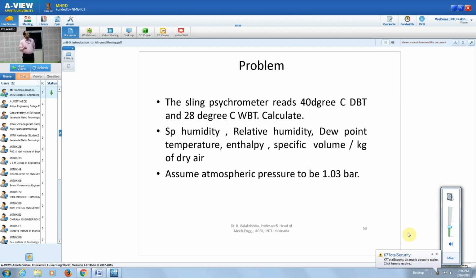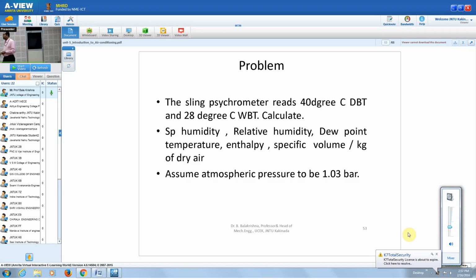Then calculate the following: the specific humidity, the relative humidity, the dew point temperature, enthalpy, and the specific volume per kg of dry air. Assume the atmospheric pressure to be 1.03 bar. Almost all psychrometric charts are prepared with this pressure.